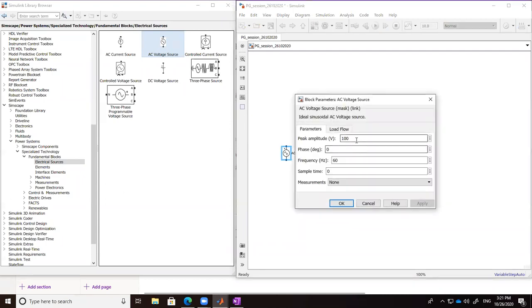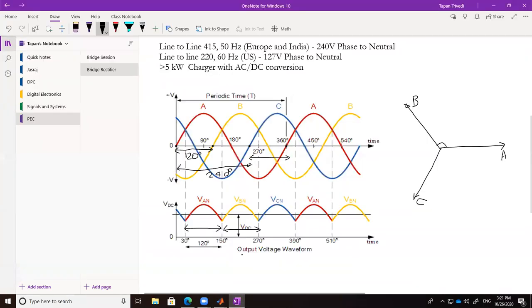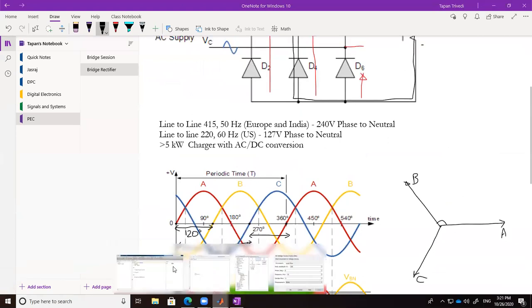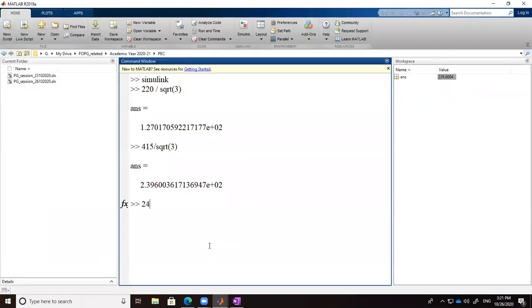First, I will set the parameters. Now, the peak amplitude of this, if I assume 240 volt, is given by 240 into square root 2, right? Because 240 is RMS. So for peak, I need to multiply it with root 2.